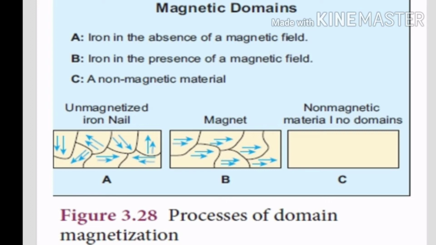The second picture B shows iron in the presence of a magnetic field. When the external field is applied, all the magnetic moments in each domain will align in the direction of the external magnetic field. The third picture C shows a non-magnetic material. A non-magnetic material will have no domains.